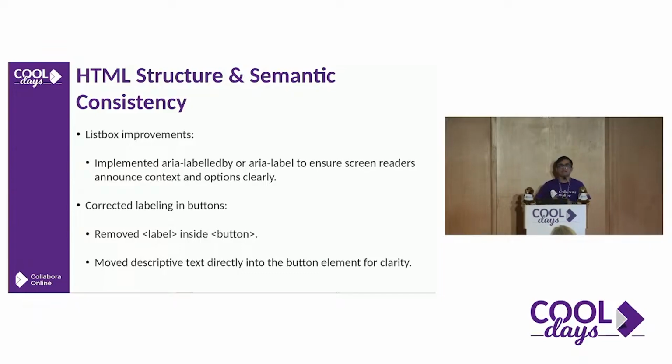So that binding needs to be correct. There is a rule, or not a rule, but the label should always be bound with the input element using the for and ID attributes. This way we managed to make the forms and JS dialogs better in the context of screen readers.